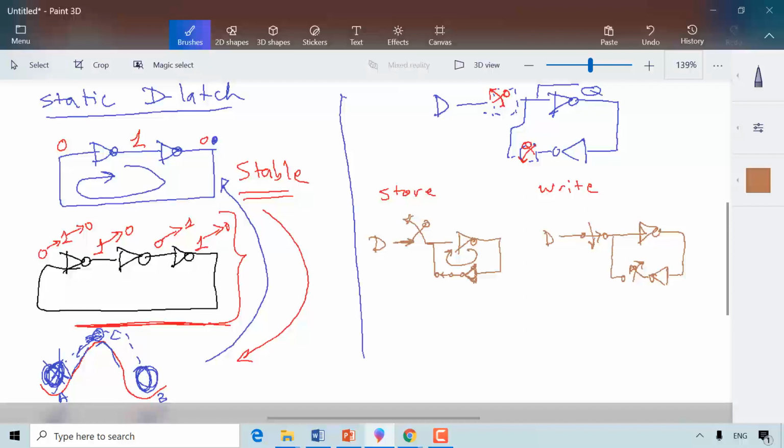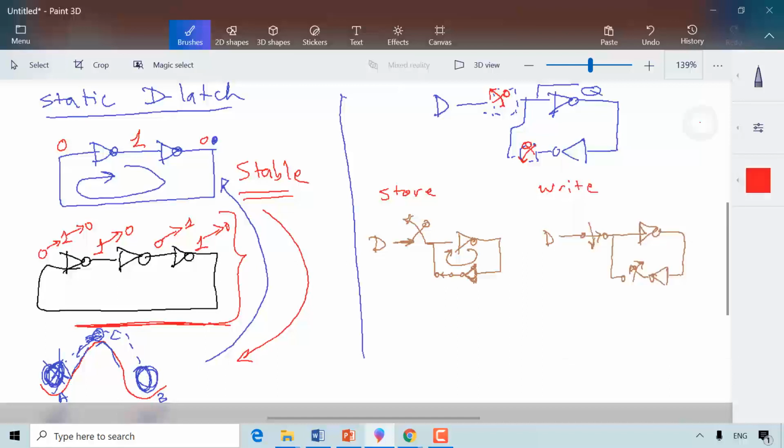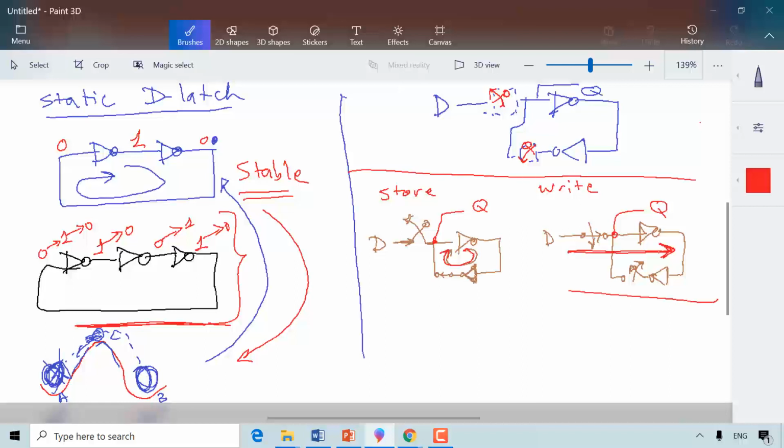Now there is no feedback anymore, and the data goes right inside this latch. Here's the Q. So in one case the data circulates stably, whatever is stored, and in the other the data is being written to the latch. Now I have provided the two operations, the write and the store.